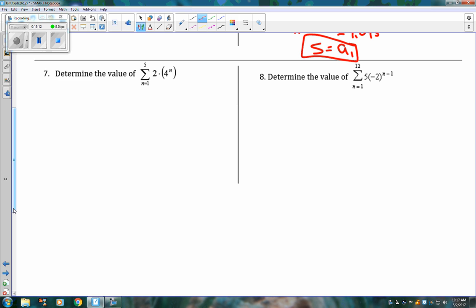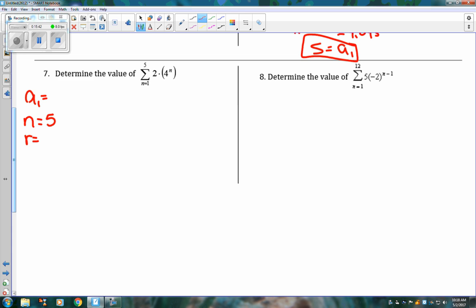Okay. I need three things. A sub 1, n, and R. N is the number I get from this 1 to 5, so n is going to be 5.